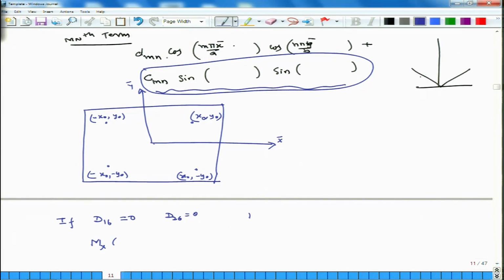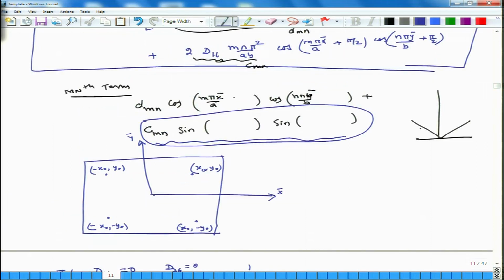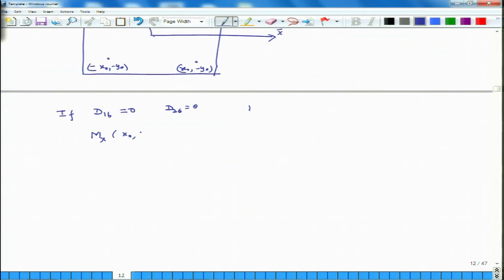So the only term which matters is the cosine term, and if instead of x naught I put minus x naught, it does not change, and instead of y naught I put minus y naught, it does not change. So what it means is that mx at x naught y naught is equal to mx at minus x naught y naught is equal to mx at x naught minus y naught is equal to mx at minus x naught minus y naught.